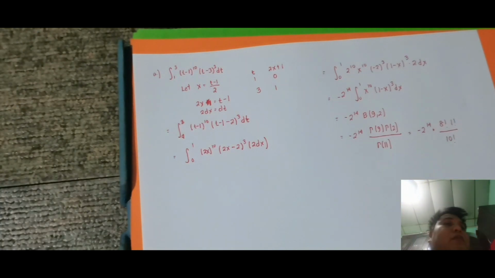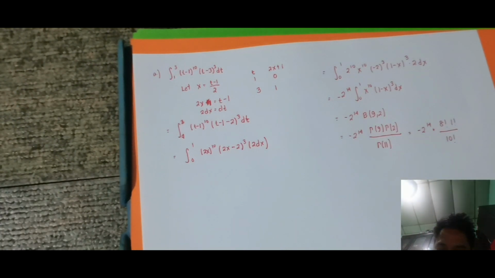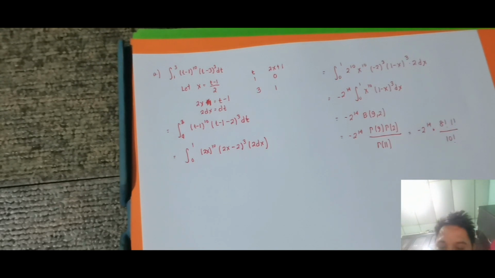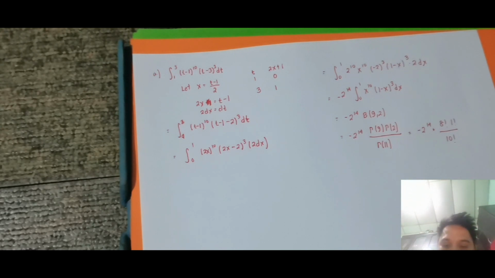Yan, isosolve natin. So negative 2 raised to 14 multiplied by 8 factorial times 1 factorial over 10 factorial.